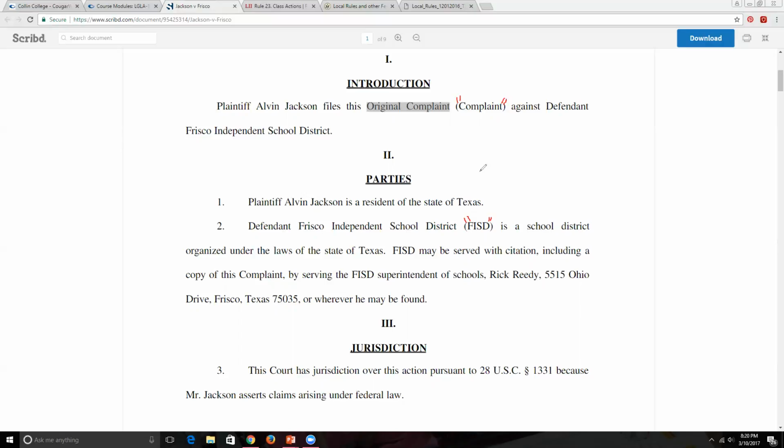But even if they repeatedly refer to Forney ISD, they're not going to refer to it as FISD, because this has been defined to mean this and only this. It can't mean anything else. It can't apply to the Forney School District or the Freeville School District or anything else that might look like it.